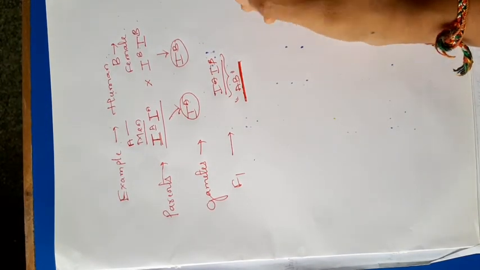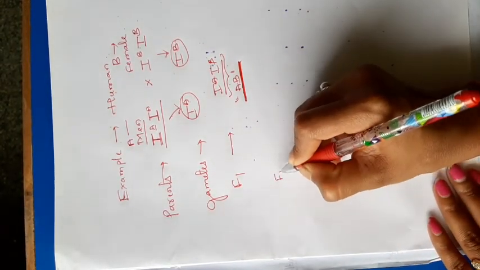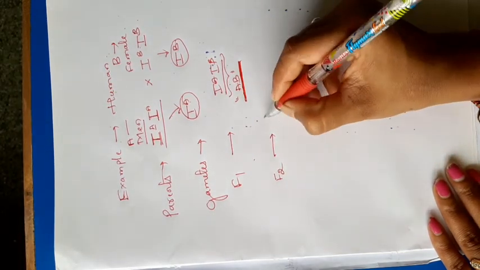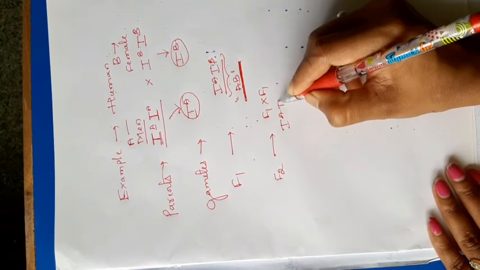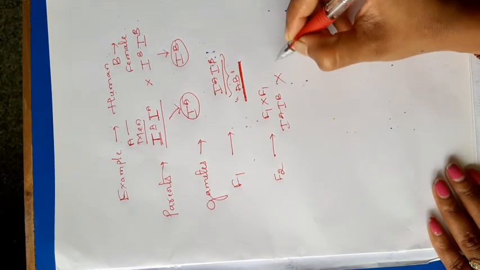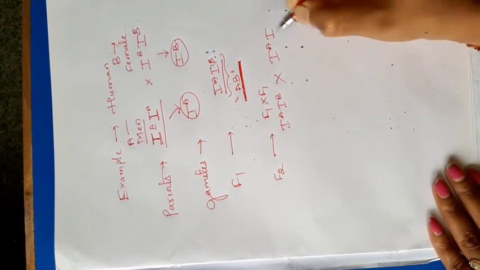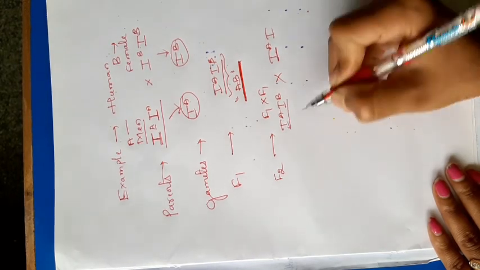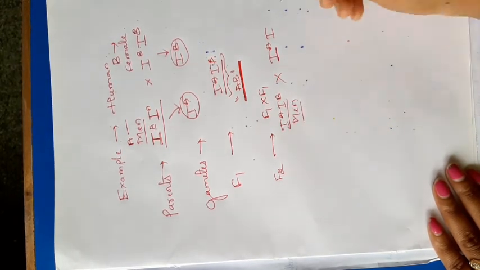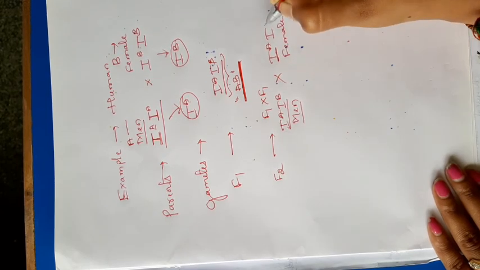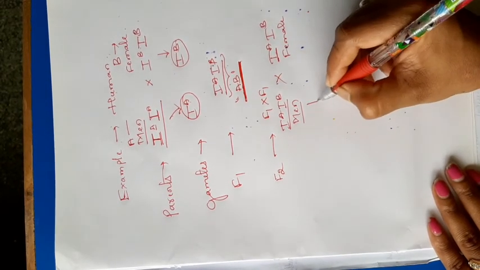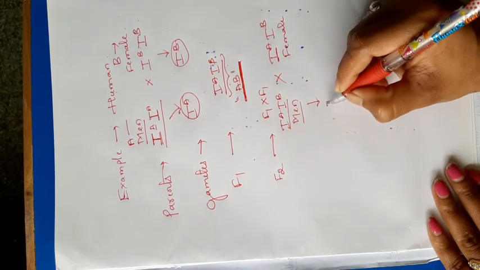Suppose we consider the selfing of F1 into F1, IA IB crossed with IA IB: an AB blood group man marries an AB blood group female.